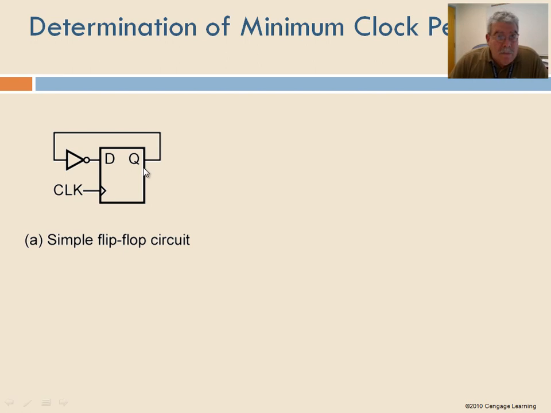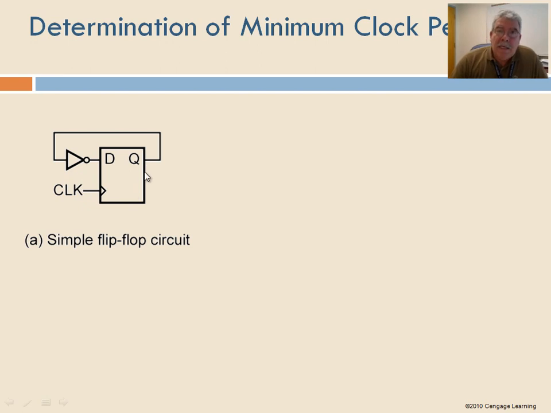We have a D flip-flop. We already know how to follow the D flip-flop. And what we do is the output is fed back into the input, but inverted. What's going to happen? Well, let's for the moment ignore the clock.